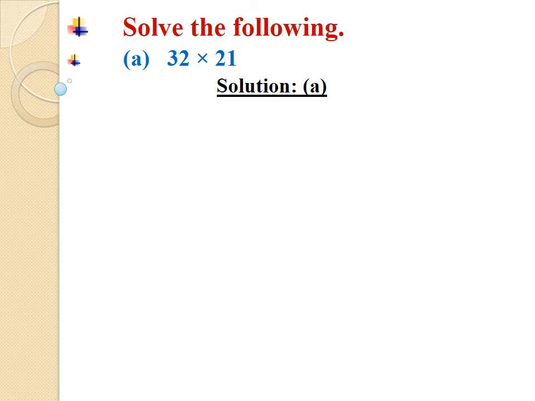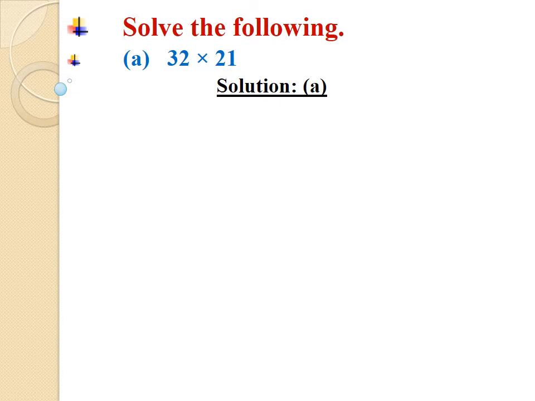So now let us solve sum A. Students, in this question, you have to multiply 32, which is the multiplicand, by 21, which is the multiplier.